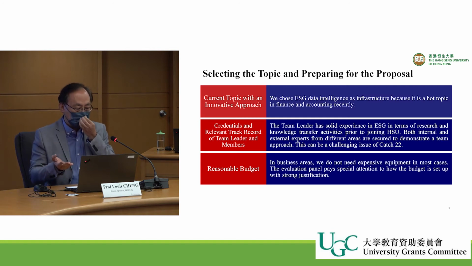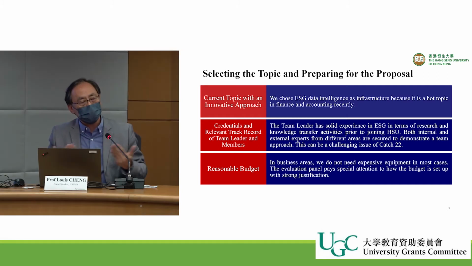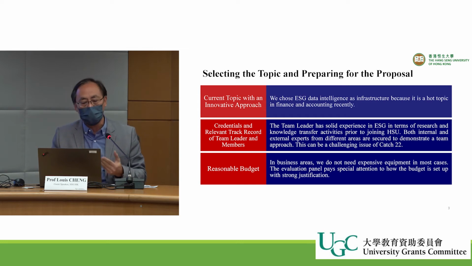Now, a little sharing about the topic, and how important it is to choose the right topic in preparing the proposal, based on my experience. First, because of my background at my previous university, I had already established some understanding of ESG and green finance.